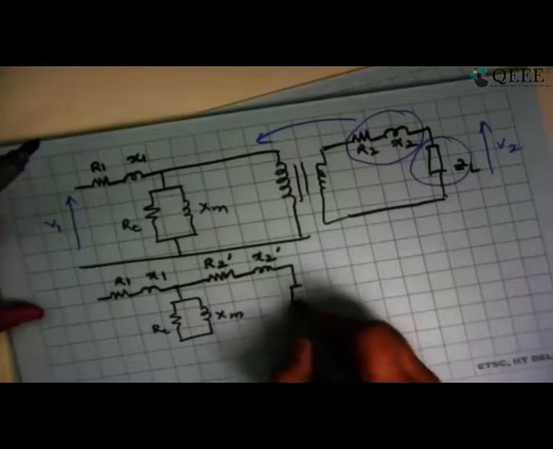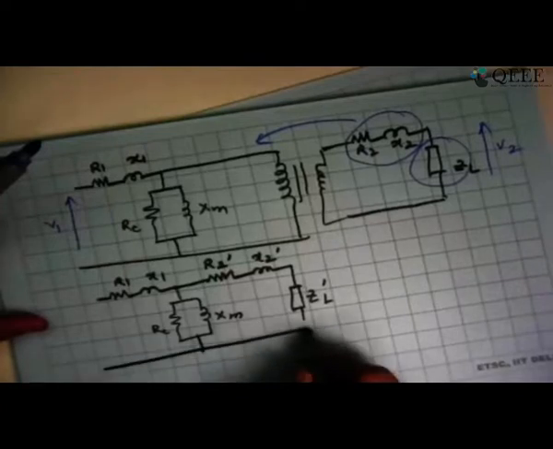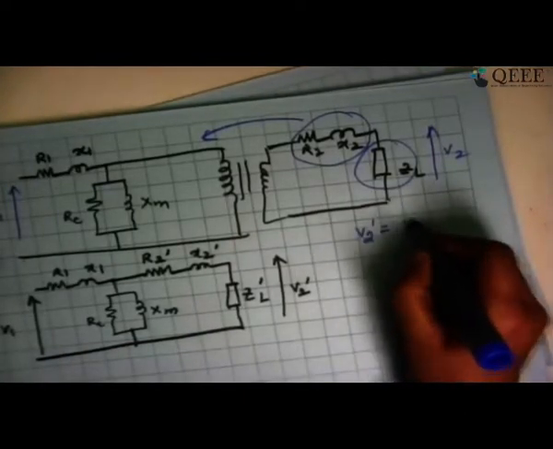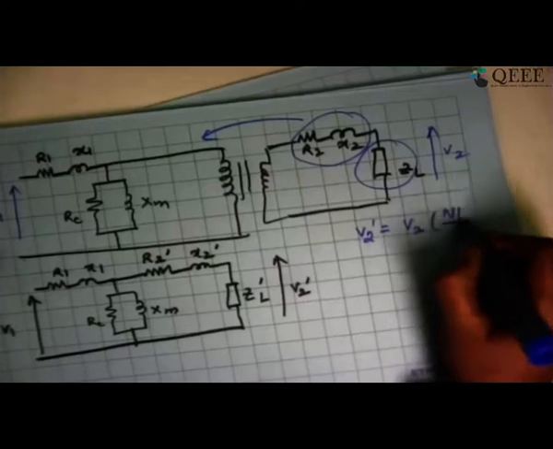And I'm going to take the load impedance ZL and I'm going to take that as ZL dash when I am referring all of them to the primary side. And I can call this as V1 and let me call this as V2 dash. Now let me write what is V2 dash. V2 dash is equal to V2 multiplied by N1 by N2.